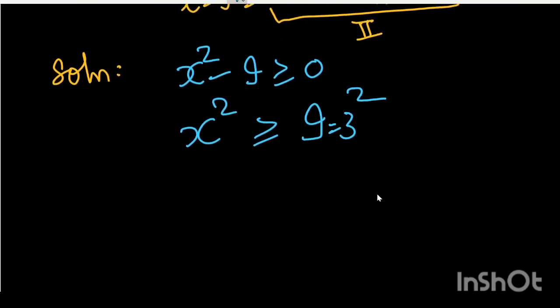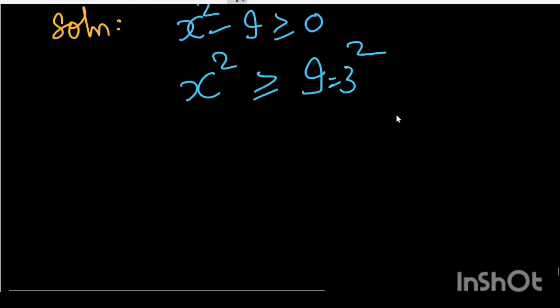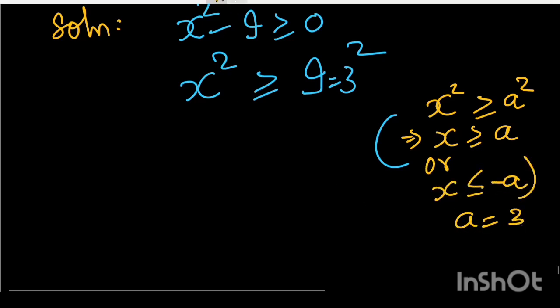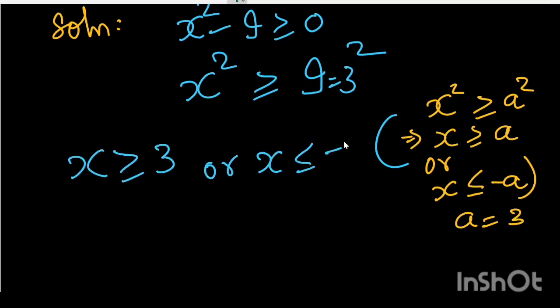So we will use the formula x square greater than equal to a square gives x greater than equal to a, or x less than equal to minus a, where a is 3 here. So it gives you x greater than equal to 3 or x less than equal to minus 3. So this is the domain, guys.